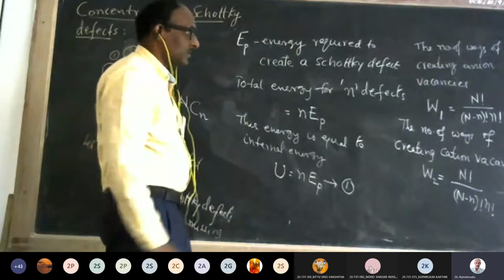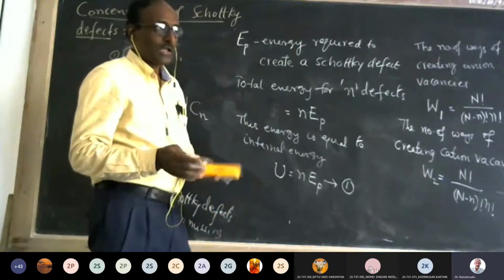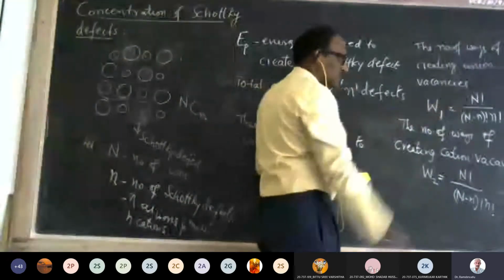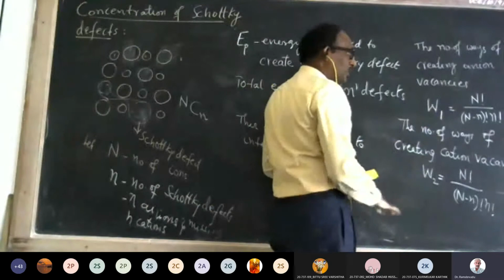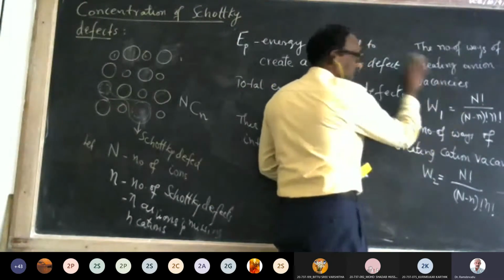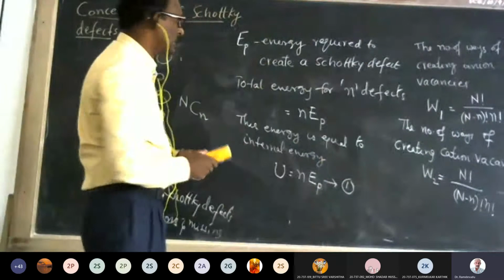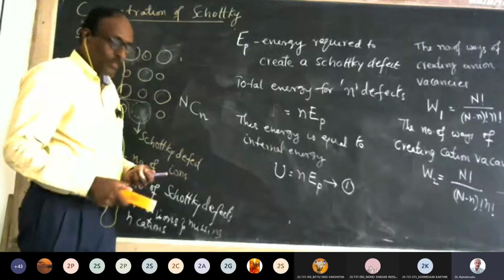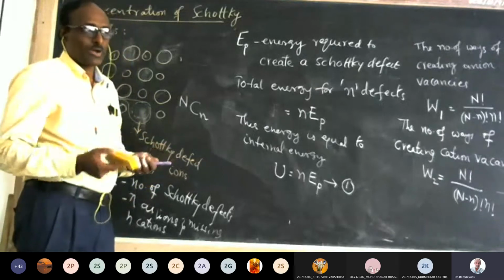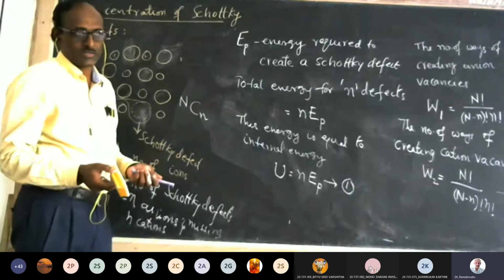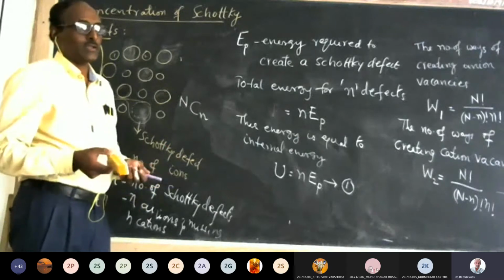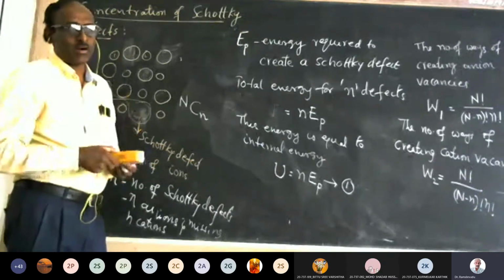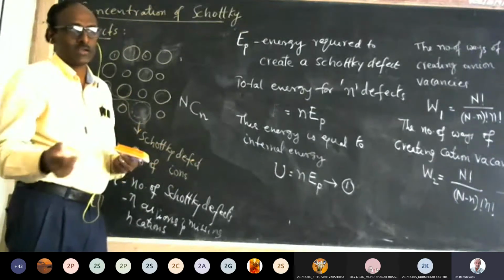So we have this, that means the probability of having n cation vacancies is proportional to this, and the probability of having n anion vacancies is proportional to this, because you know that probability is a term generally used to represent how many chances there are to have an anion vacancy or a cation vacancy. Say tossing a coin, how many ways are there to get a head or tail?